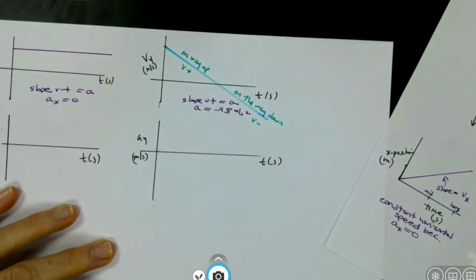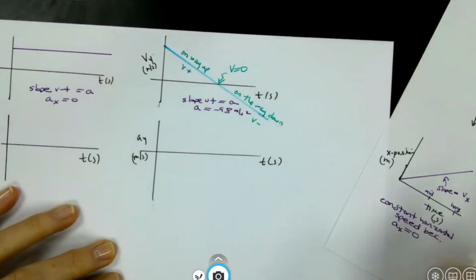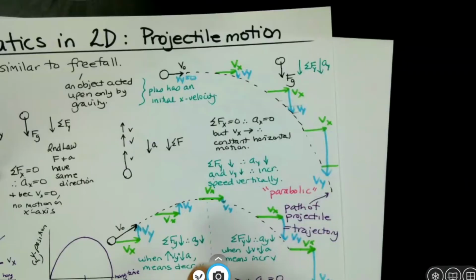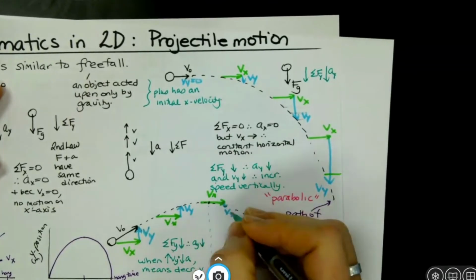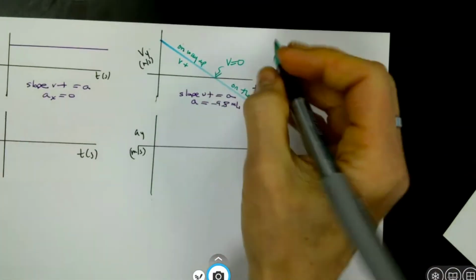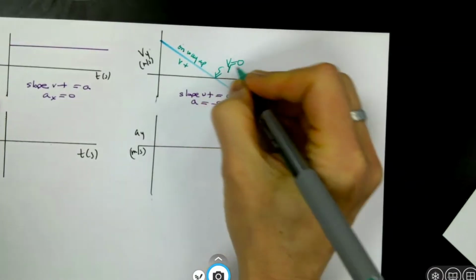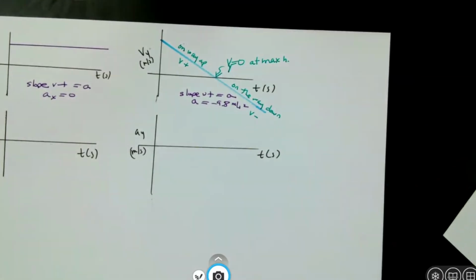Here is where velocity is 0 just for that moment at maximum height, right? We're talking about like right here. At max height, velocity on the y is 0. Vx is never 0 because it's constant speed. So it doesn't stop completely, it just stops on the y before it comes back down. So we'll say Vy equals 0 at max height.